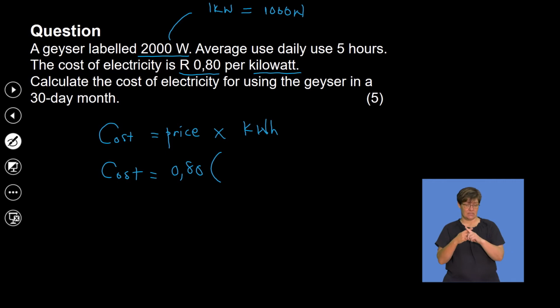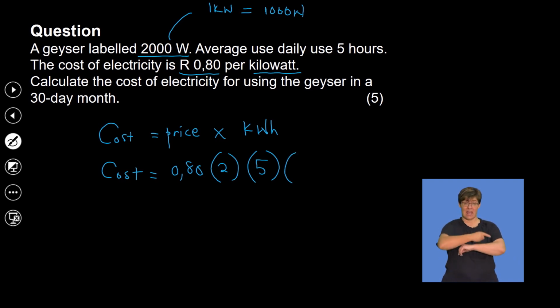How many kilowatts are there? It's 2. The 2 comes from the 2,000. So 2,000 watts is 2 kilowatts. Multiplied by the amount of time that you use per day, and how many days we have in that month.